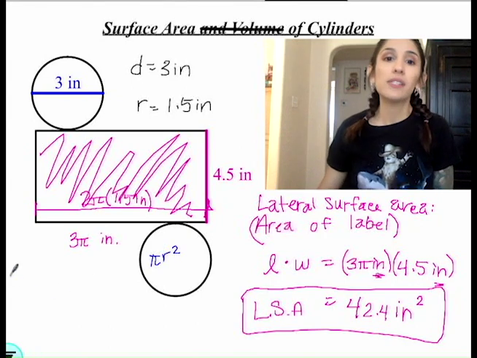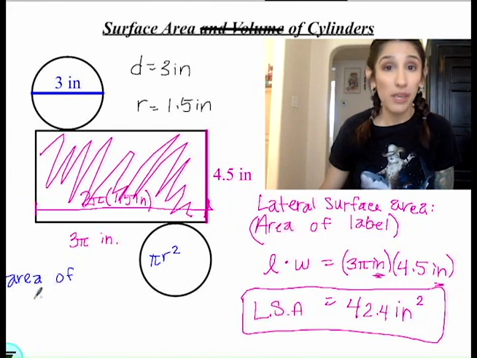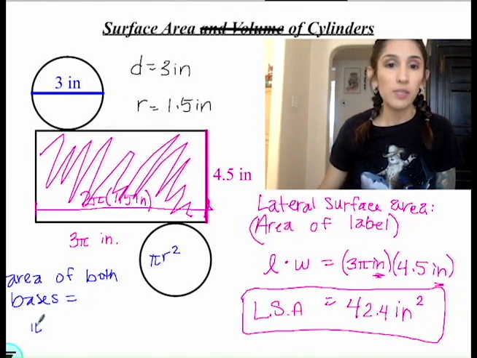So I'm going to say area of both bases. I'm just going to calculate both of them at the same time. It is going to equal this pi r squared, and in this case my radius again was 1.5.